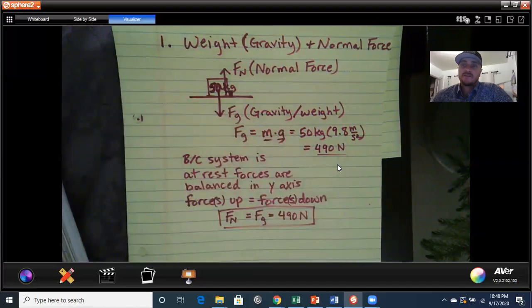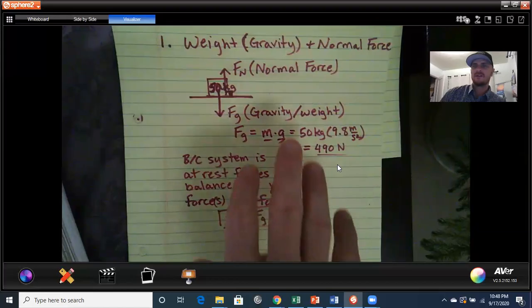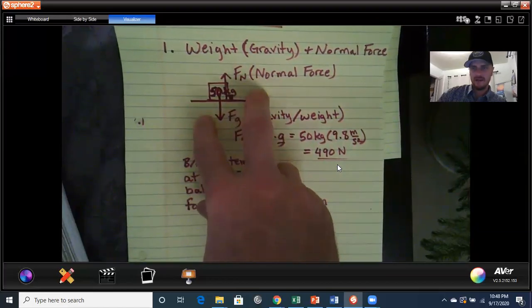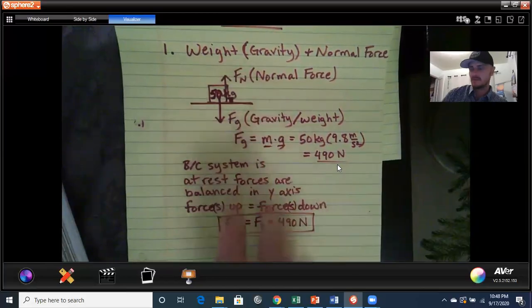So that means if I have stronger forces to the left, I'm going to call left positive. If I have stronger forces acting down, I'm going to call down positive. So I'm going to flip the script a little bit here, because in kinematics, we're very specific. We always say right is positive, left is negative, up is positive, down is negative, right? But you're going to see a lot more freedom with that idea when we do these problems.